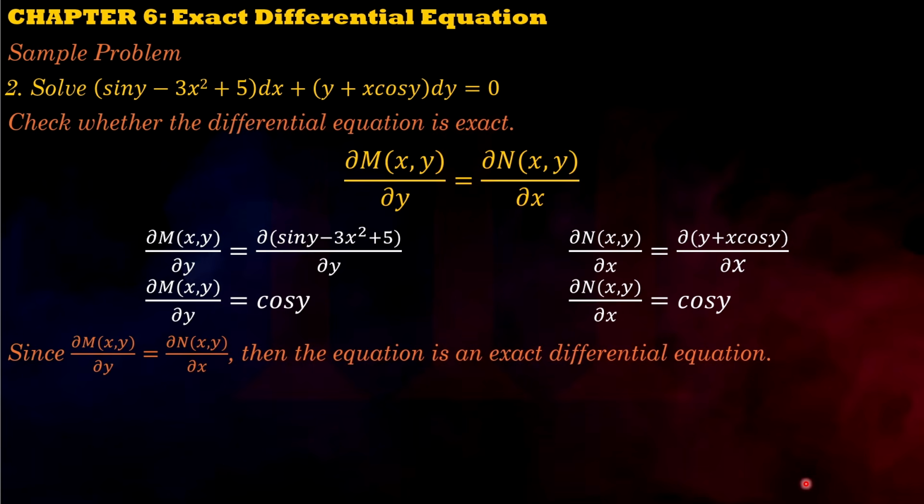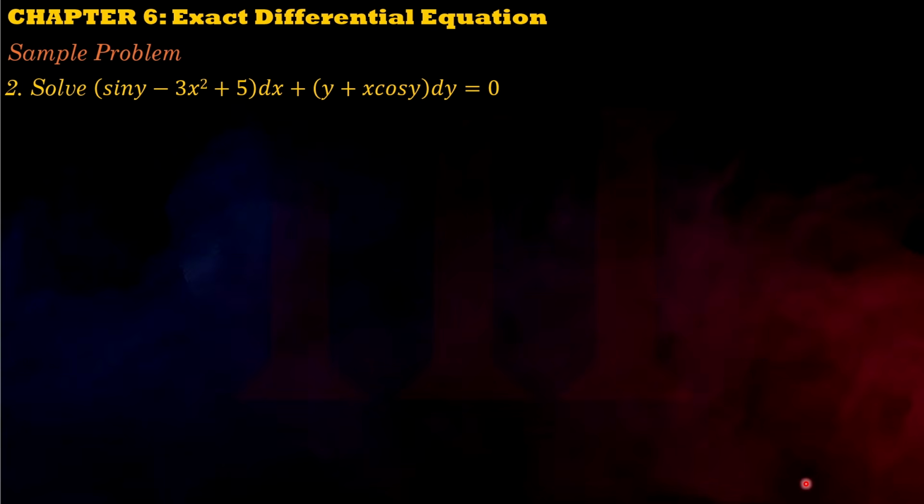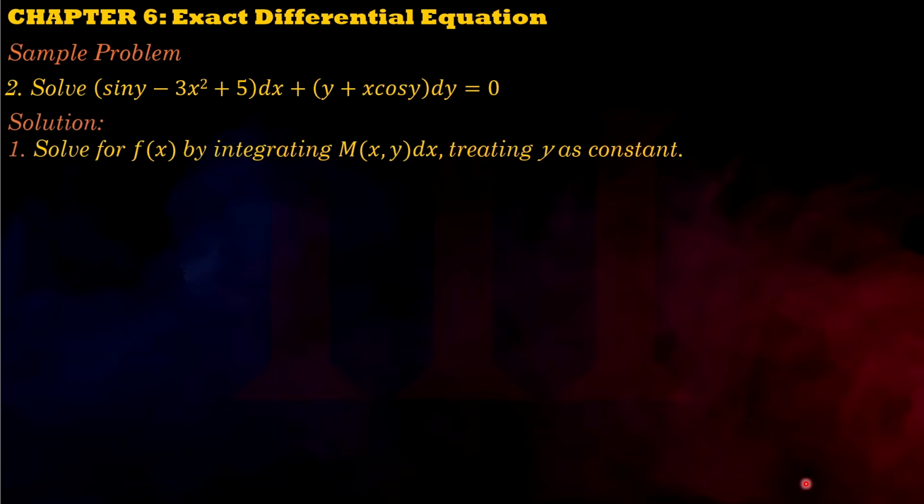We can solve this differential equation using the steps discussed. So first step, solve for f of x by integrating M of x, y dx and treating y as a constant. So integrating sin y minus 3x squared plus 5 dx.